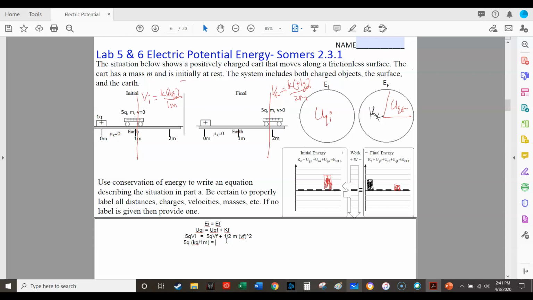The final potential energy is 5Q times the final voltage, which is up here, KQ divided by 2 meters away, plus our kinetic energy, 1/2 mv final squared.